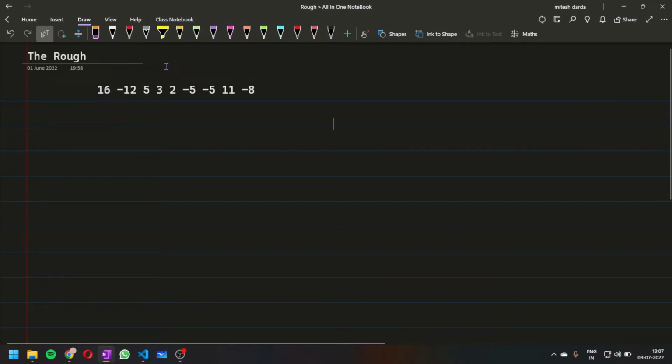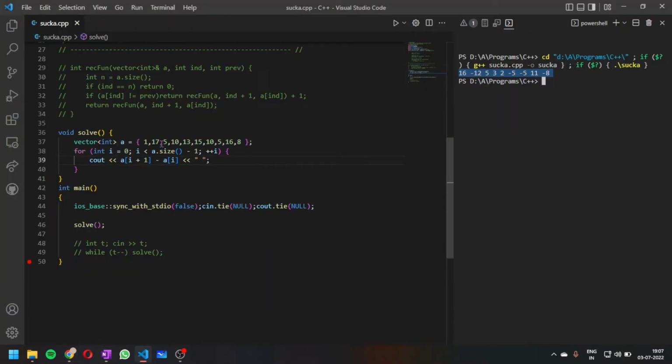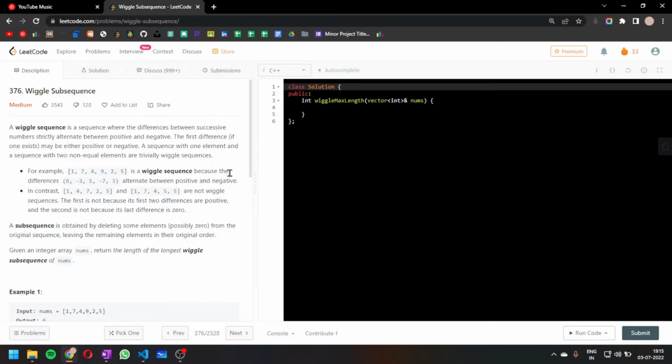These are the differences of this array. Look carefully at the question. We have been given that a sequence with one element and a sequence with two non-equal elements are trivially wiggle sequences.